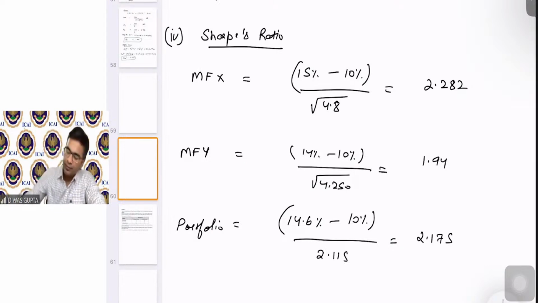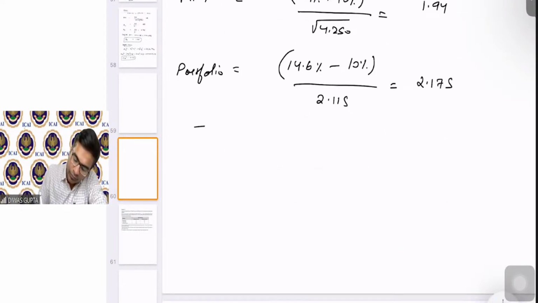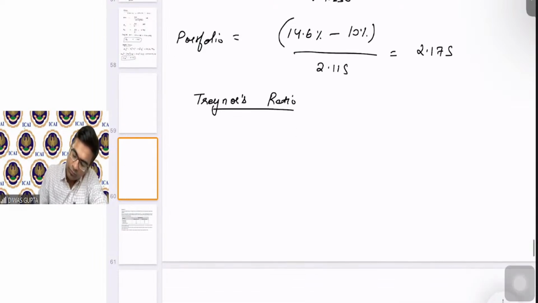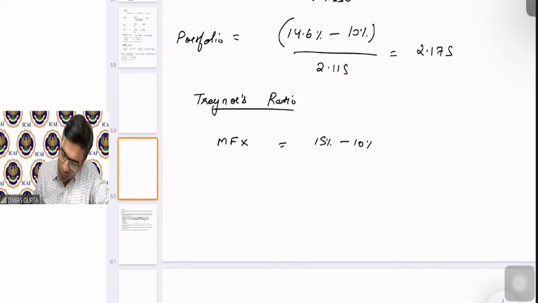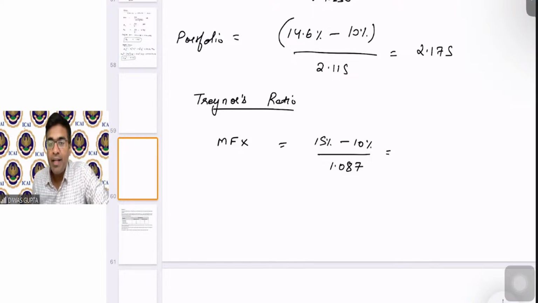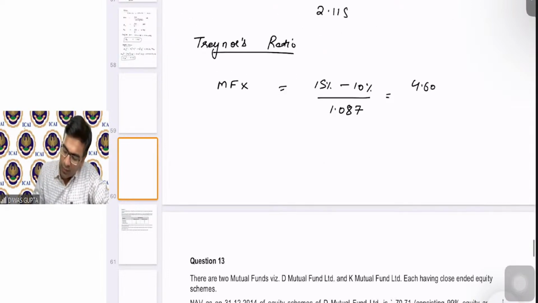Similarly, in Treynor's ratio, mutual fund X will be divided by the beta, right? 1.087 is beta, which gives 4.60.